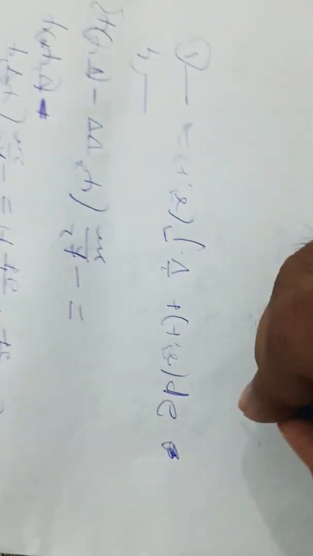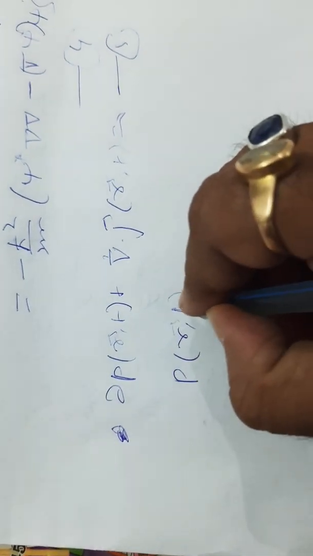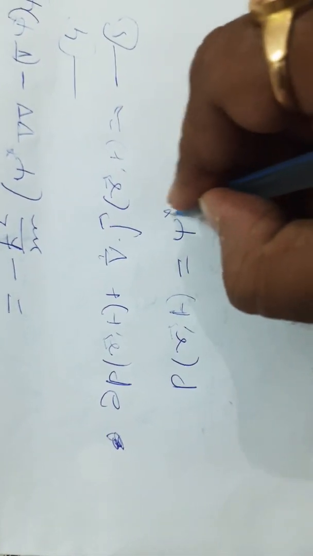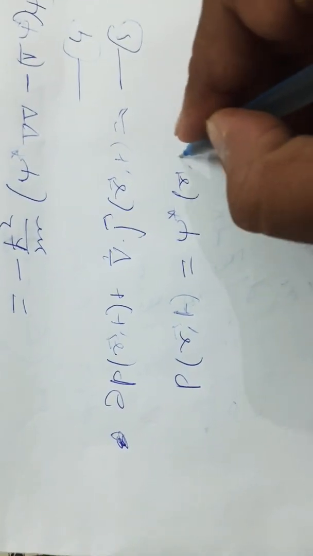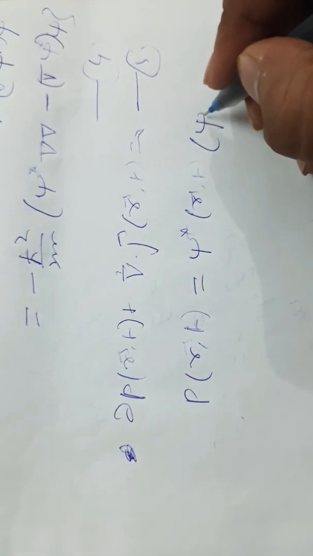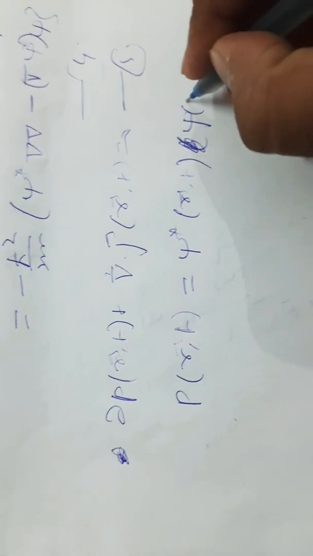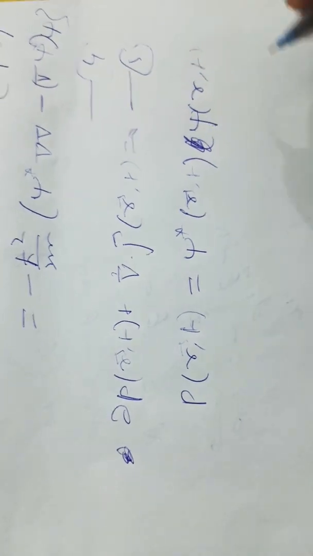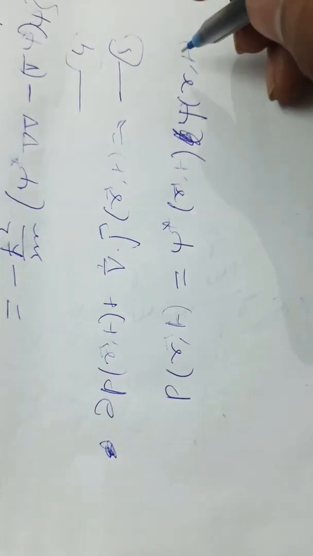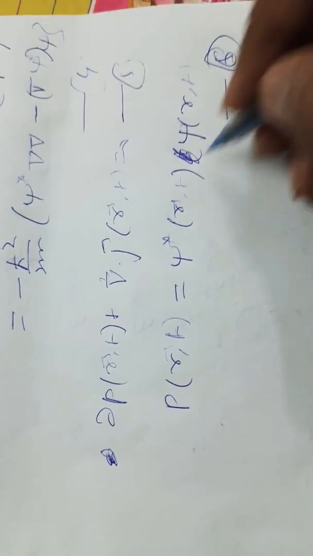Now here we will define rho as a function of r comma t as psi asterisk of r comma t into psi of r comma t, and this will be equation number 6a.